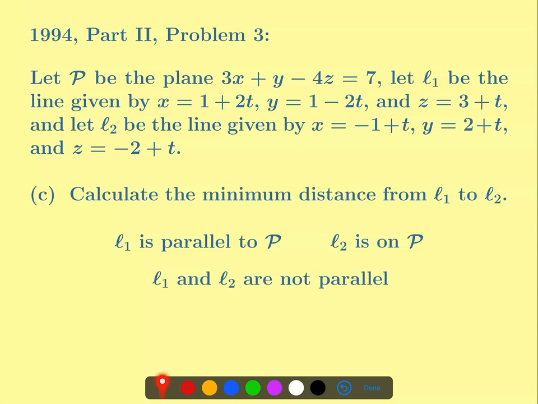So at that particular point, the distance from that point to L2 would be the minimum distance, but that would also be the minimum distance from L1 to the plane P. So in other words, we want the distance from L1 to P. If I'm just looking at this L1, it's parallel to P, and there's one point where it's that minimum distance from L1 to L2, where L1's just right over L2 or right under L2, and that minimum distance is going to be the same as the minimum distance, or the only distance, from a point on L1 to P, the shortest distance from L1, any point on L1 to P.